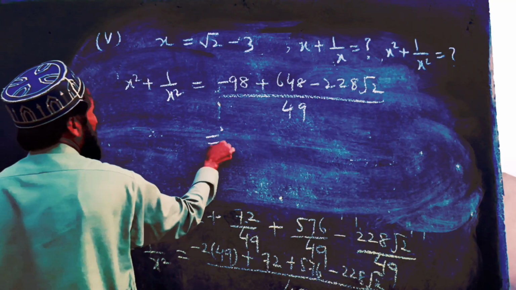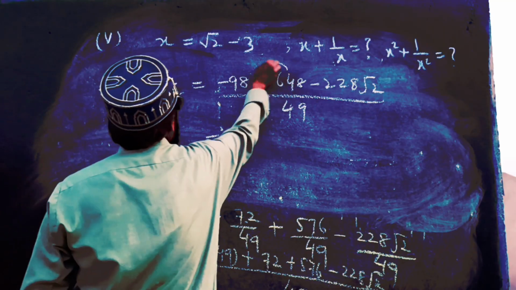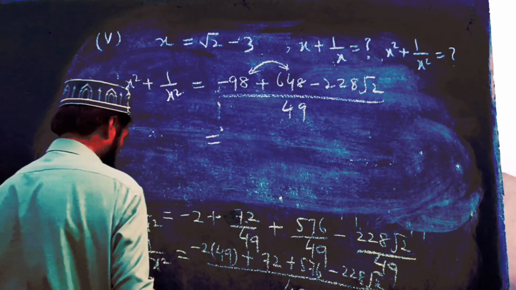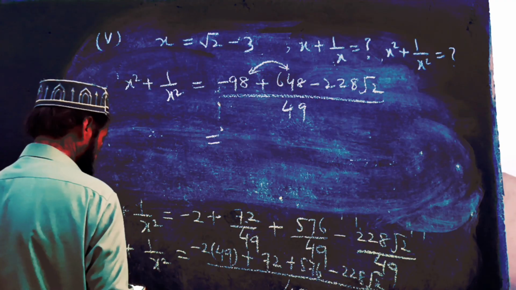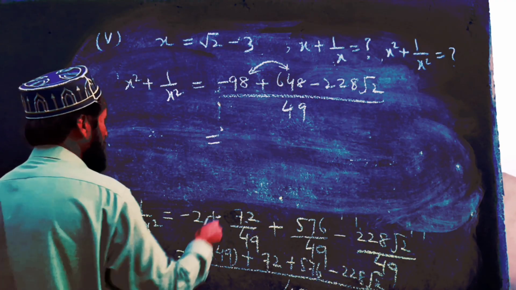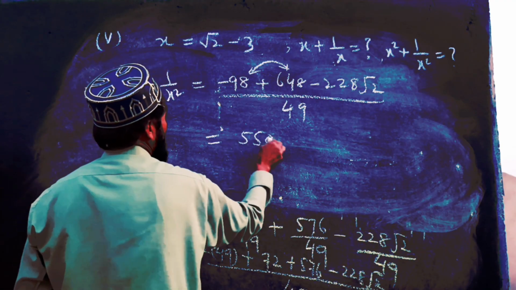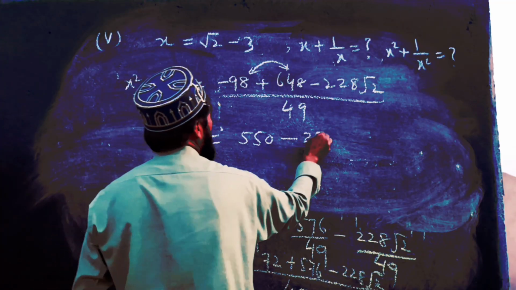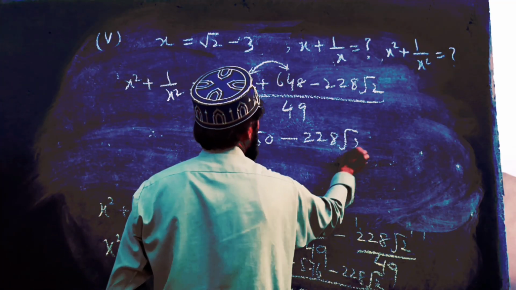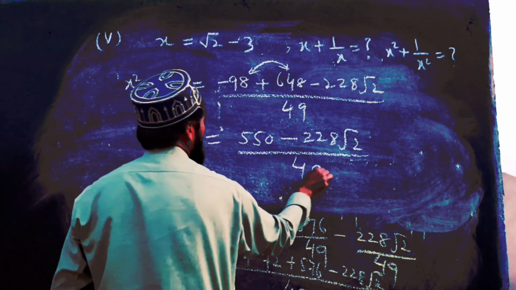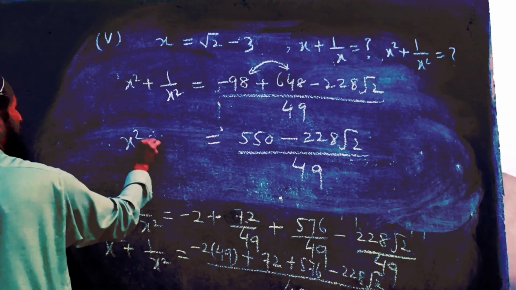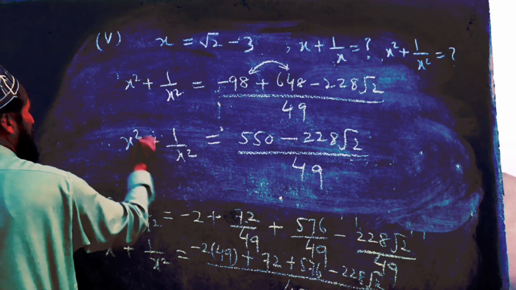Now further the results, if we subtract this result from each other, minus 98, so 550 minus 228 under the root 2 divided by 49. This is the value of x square plus 1 over x square.